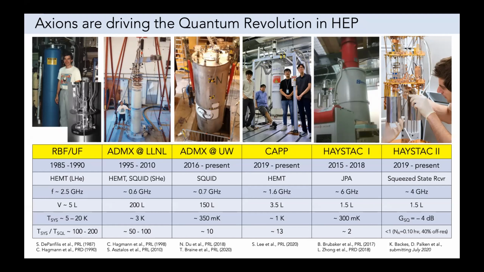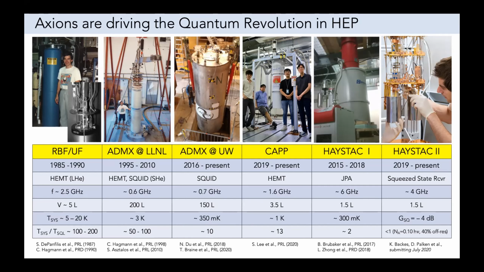It's become a national mandate in the U.S. All government agencies are investing in this. But quietly, I think we can be proud to say that while people have been talking, we've been doing. Axion experiments for many years have been ahead of the curve and really been driving the quantum revolution.